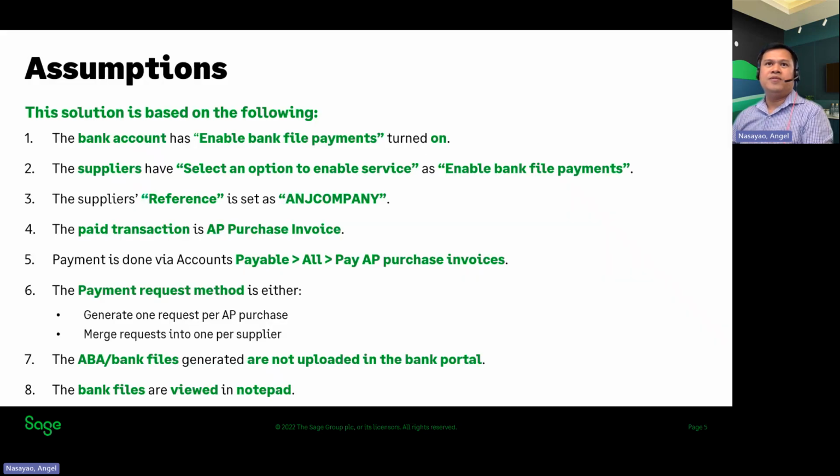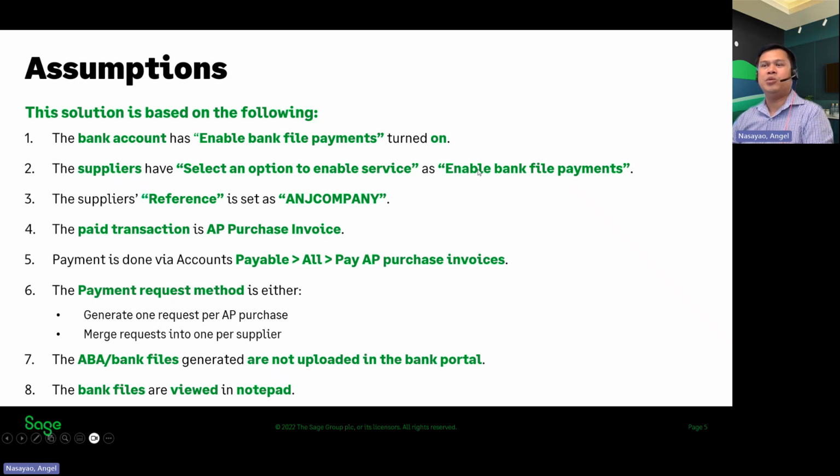All right, so we have different assumptions here. The first one is that we know that for a bank account, the enable bank file payments option has to be turned on just for us to be able to generate an ABA for the payment of the suppliers. And on the suppliers, select an option to enable bank file payments.